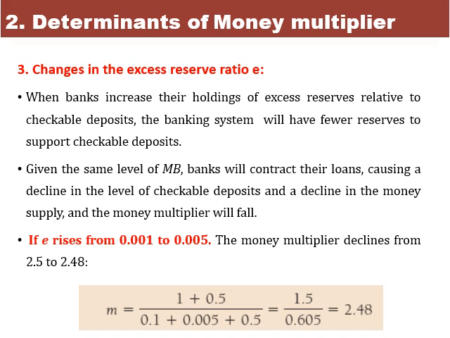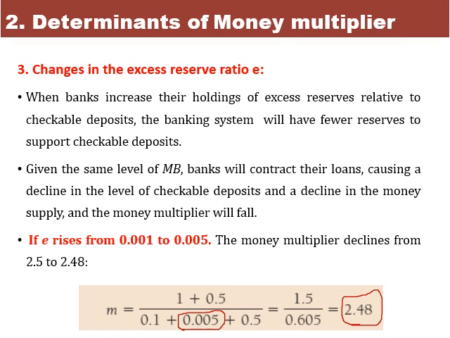So let's see what happens if the excess reserve ratio increases from 0.001 to 0.005. The only factor that will change in this example is this value that represents the excess reserve ratio, and in this case the value of the money multiplier declined from 2.5 to just 2.48.